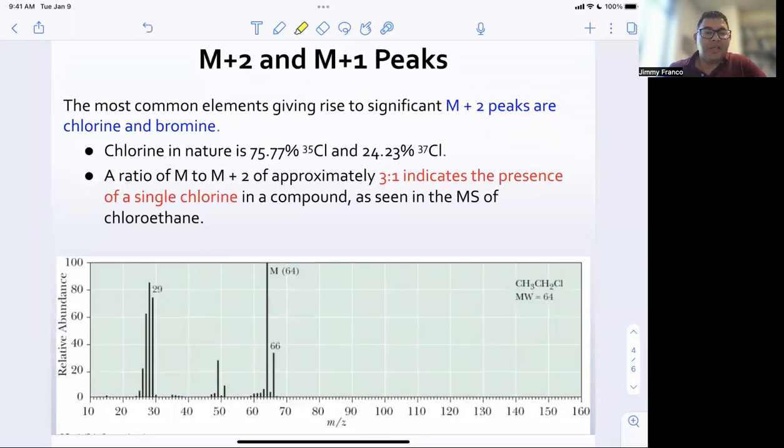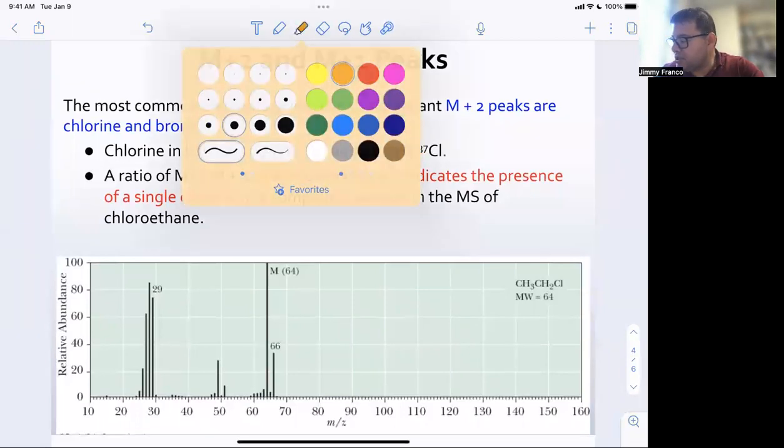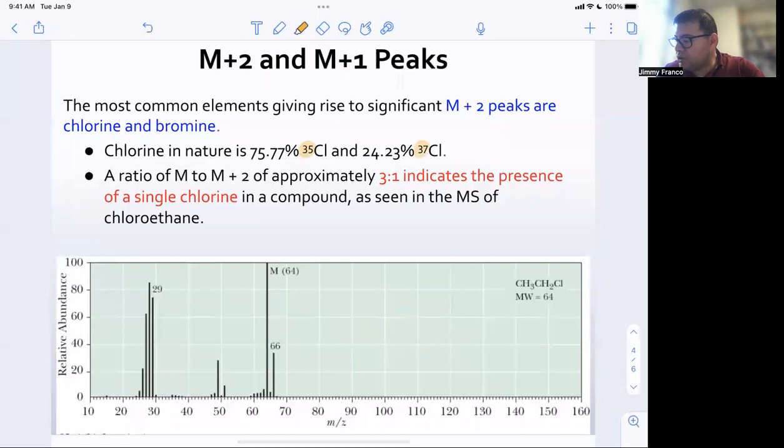The first one we're going to look at is chlorine. We just talked about the relative abundance, right? Chlorine has 75% chlorine 35, 24% chlorine 37. Do you see how these two mass units are 2 units apart?